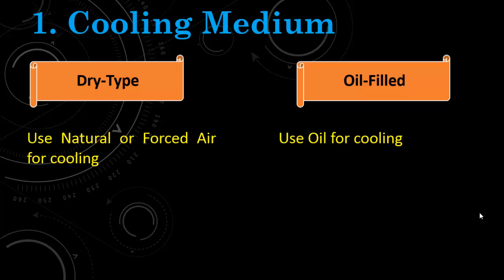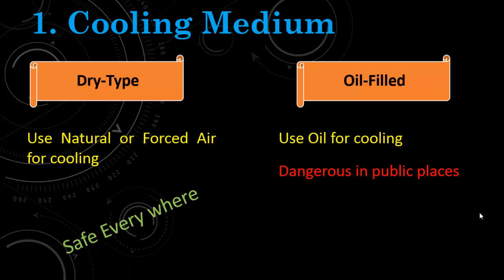So what is the disadvantages of using mineral oil? It is very dangerous as it has been reported that almost 70 to 80% of all transformer failures are due to internal winding insulation failure, and this type of fault may lead to the fire and the explosion of the transformer due to vaporization of mineral oil.